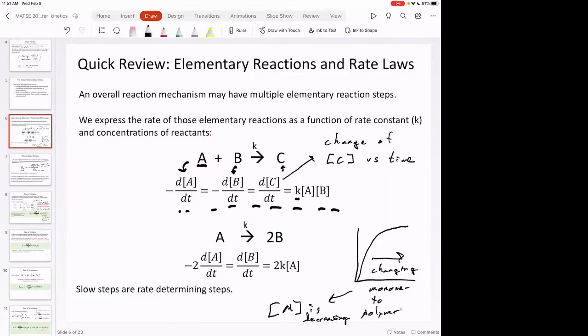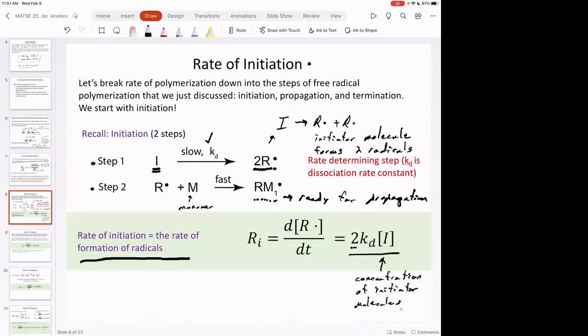Not the concentration of the products. Same exact thing right here. We have the rate constant Kd. We have the concentration of the reactants. There's just one, the initiator molecule, but we get 2 products. And so we have the 2 in front of there because we get 2 radicals for every one initiated. So that's the rate of initiation. Is everyone with me so far? All right.